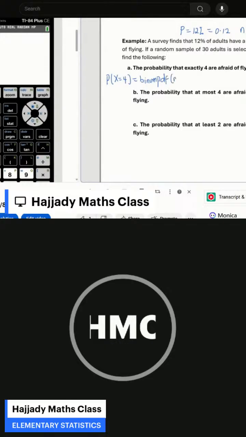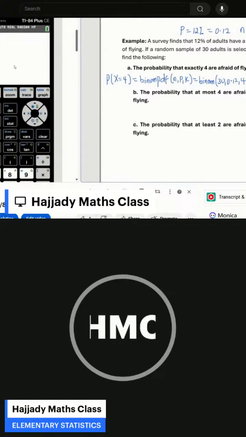Then you have the N, the P, and the K. In this case, N is 30, P is 0.12, and K is 4, which is the corresponding value of X.